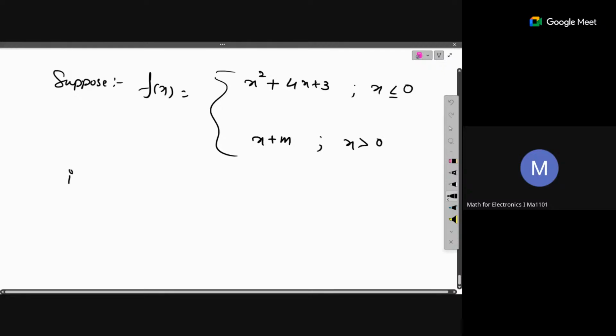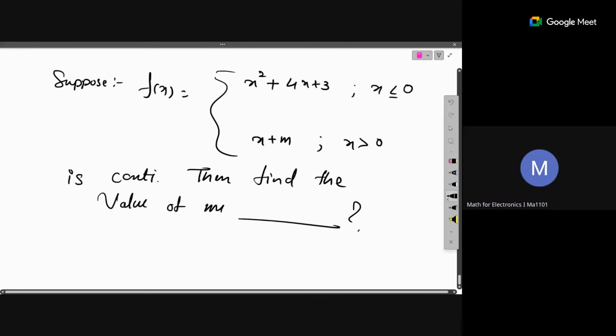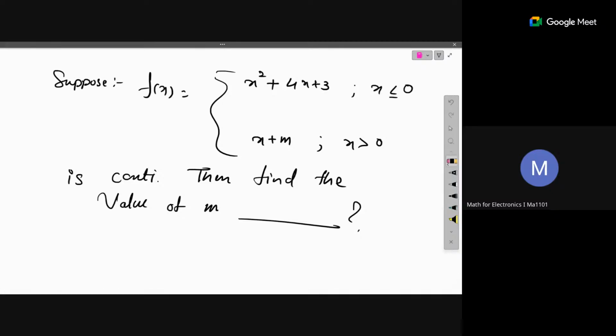Suppose f is continuous. Then you have to find the value of m. Find the value of m. Again, answer in the chat box, that will be helpful. I don't think it's that tough, but yeah, try to solve it.